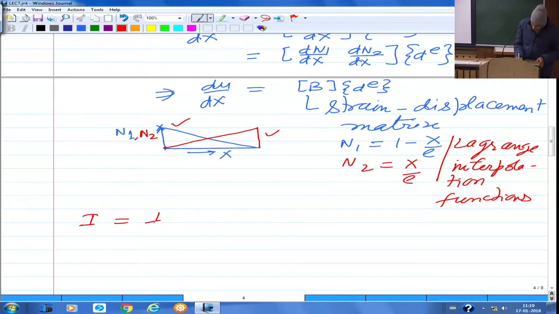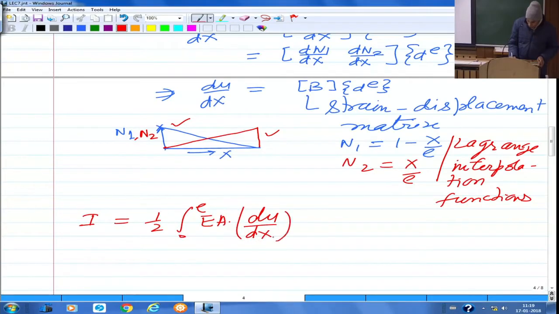As we have seen, it is half of the integral from 0 to L of EA into du by dx whole square. The du by dx whole square I can also write as du by dx transpose into du by dx. As of now it is a scalar quantity, so it doesn't matter, it is one and the same thing. So dx, that's the first term.